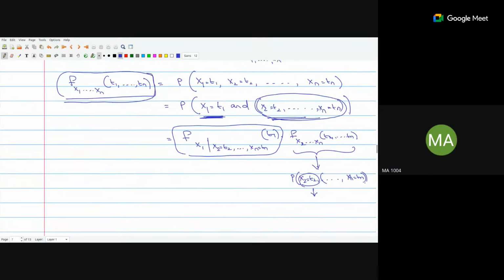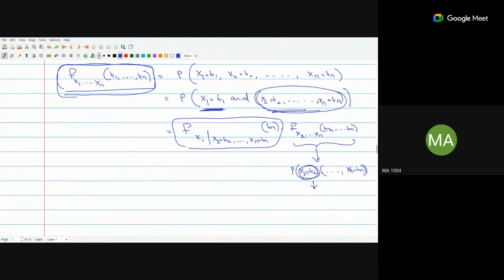So the same thing I am trying to do here. So how can I write this joint as product of conditionals and marginals? Okay. So again repeat the same process.